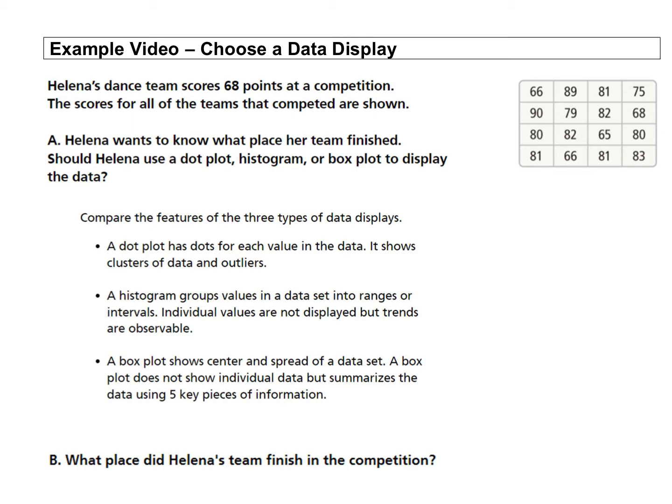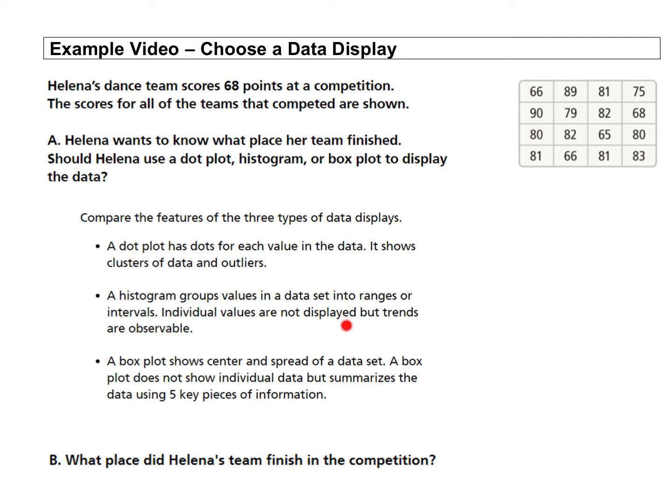So just a reminder about the three types of data displays that we're learning about. A dot plot has dots for each value in the data. It shows clusters of data and outliers. So this one will show individual data points. A histogram groups values in a data set into ranges or intervals.